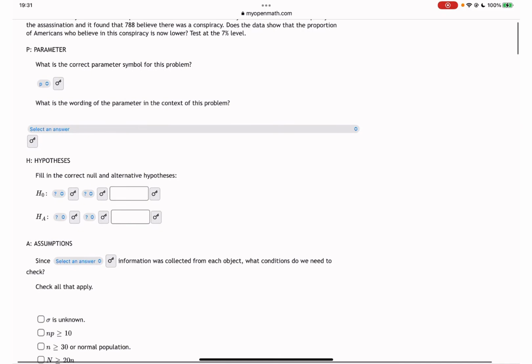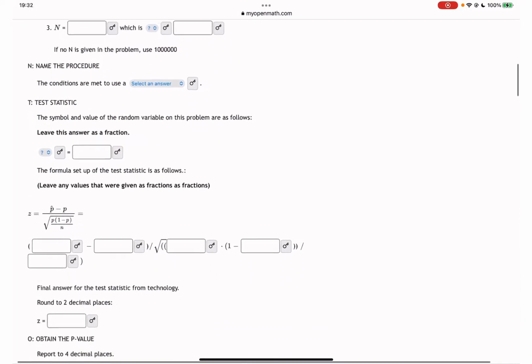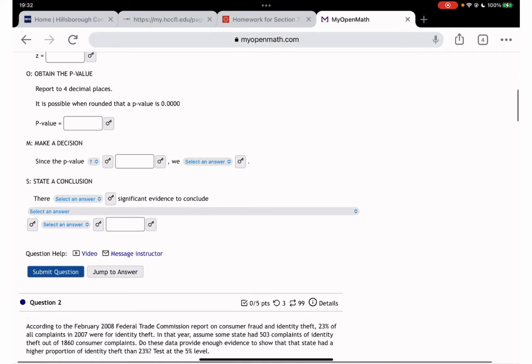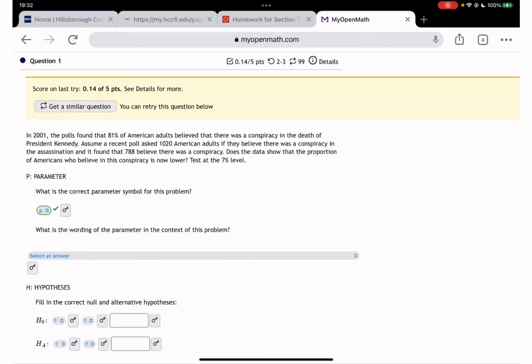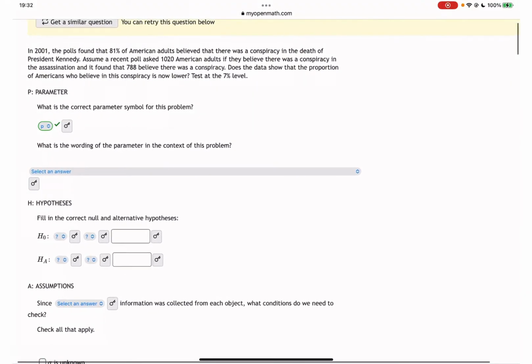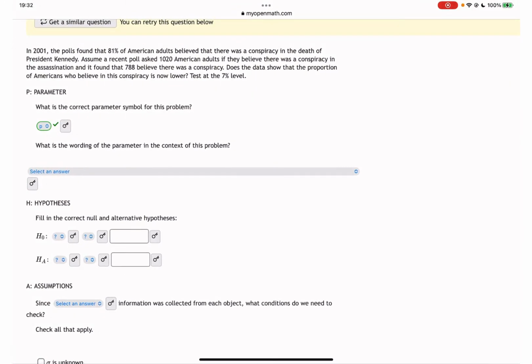What is the wording of the parameter in the context of this problem?